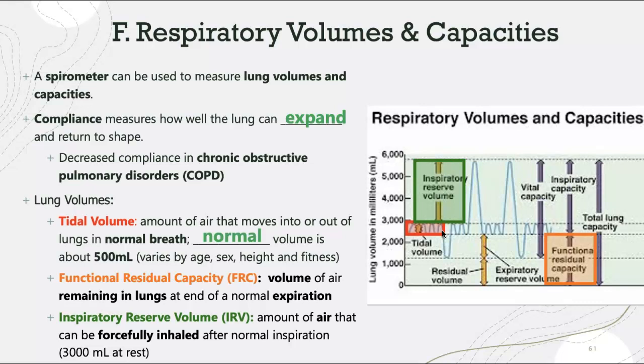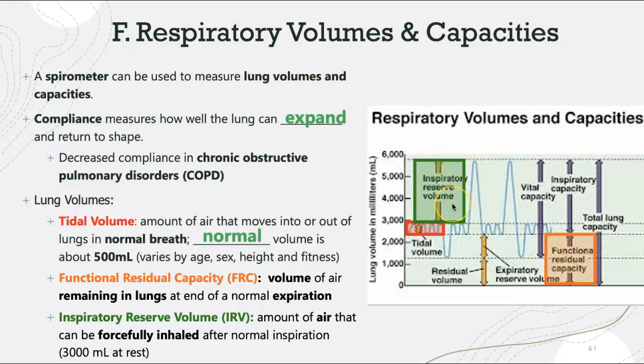The other capacity that we're going to have is called our functional residual capacity, and that is going to be drawn from the expiration of that tidal volume and lower. So this is our volume that remains within our lungs after that normal expiration. Then we have our inspiratory reserve volume, which we see here in the green.